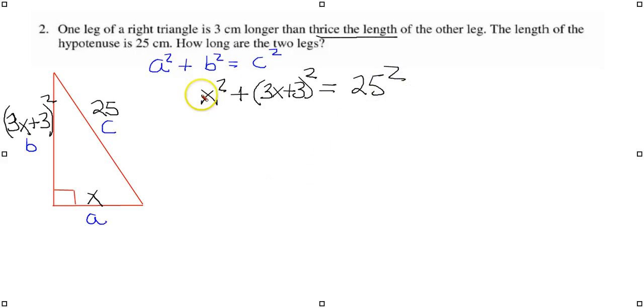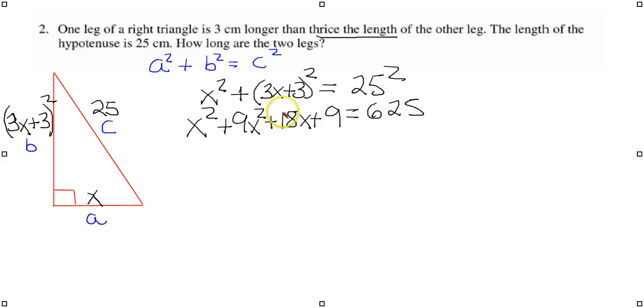All right, we can start working this here. This is just plain x squared. Now here we're going to square that binomial, square the first term, 9x squared. Multiply these two together, that gives you 9x, double it, 18x, and square this term, this is plus 9, equals 25 squared, which is 625.